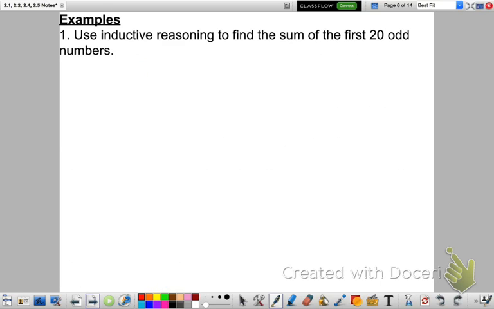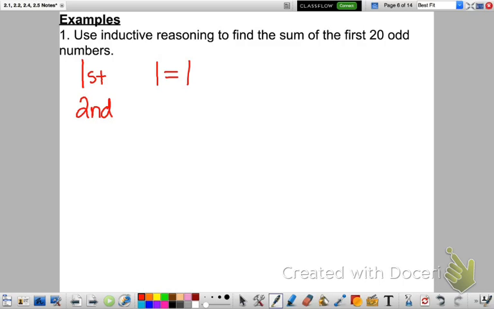Okay. Inductive reasoning is where we look at some specific cases and make a generalization. We need to find the sum of the first 20 odd numbers. The sum of the first odd number, 1, is 1.